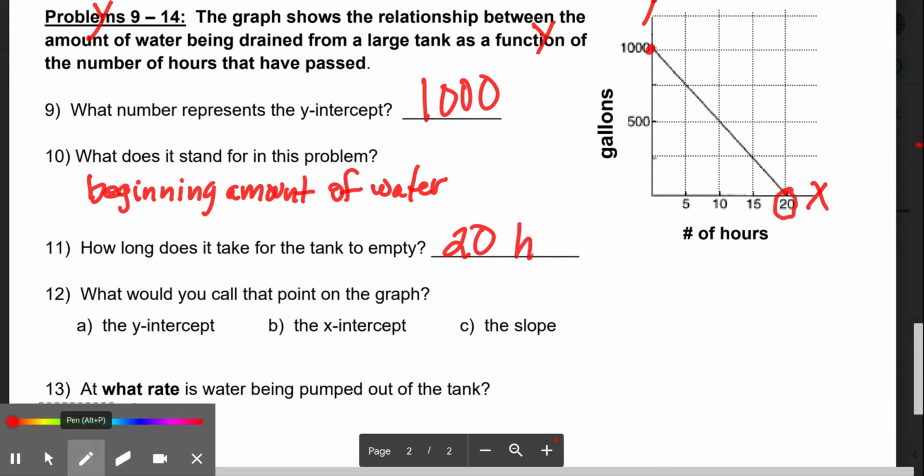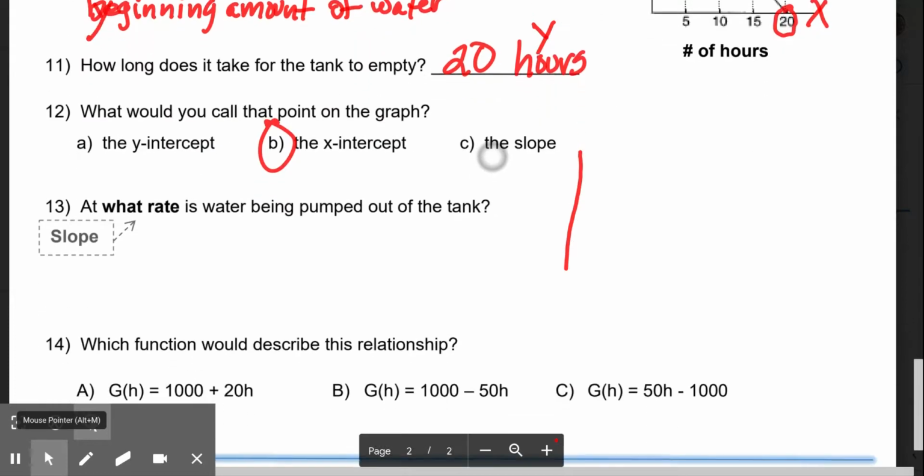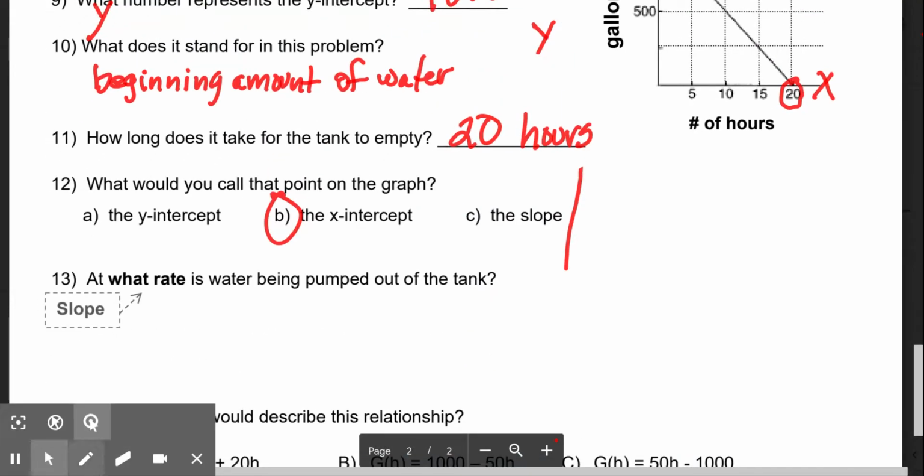So 20 hours. And 12 says, what would you call that point on the graph? Well, it hits the x-axis, so it's going to be the x-intercept.